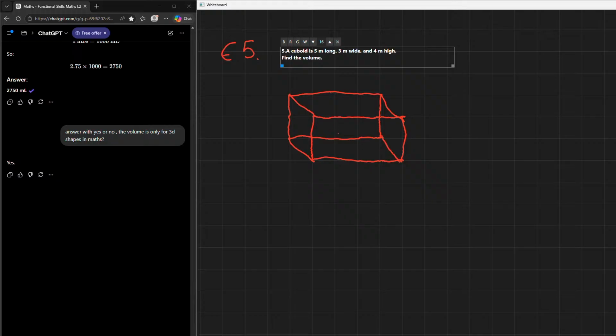No, for sure. So basically the volume is how much fits inside here.